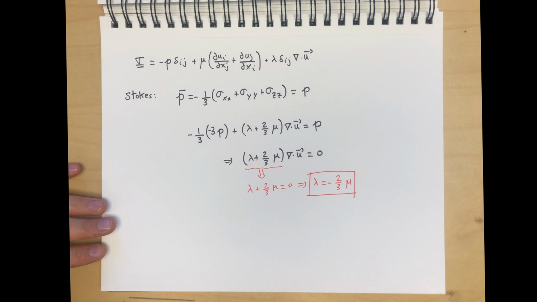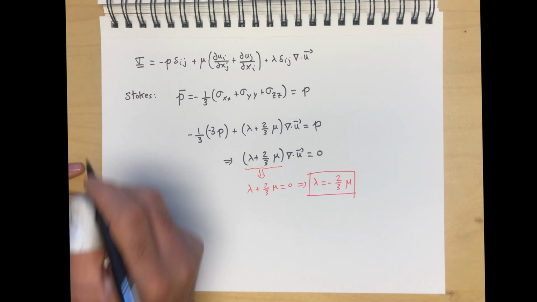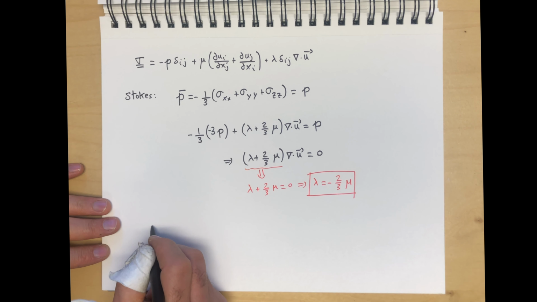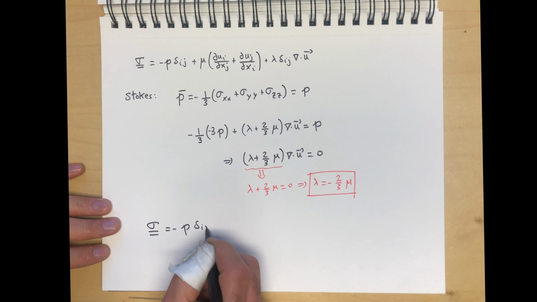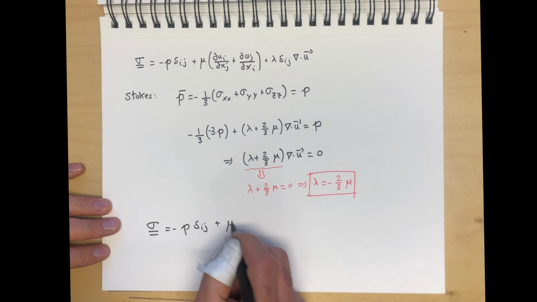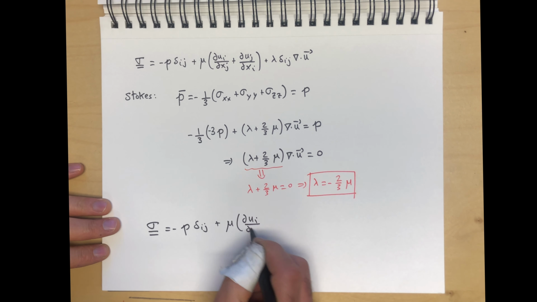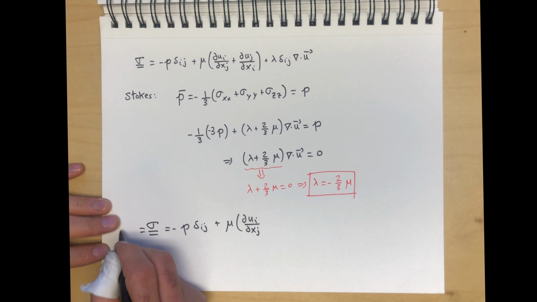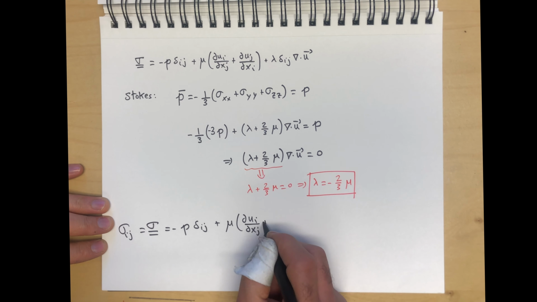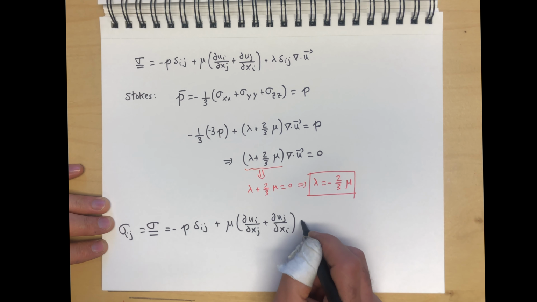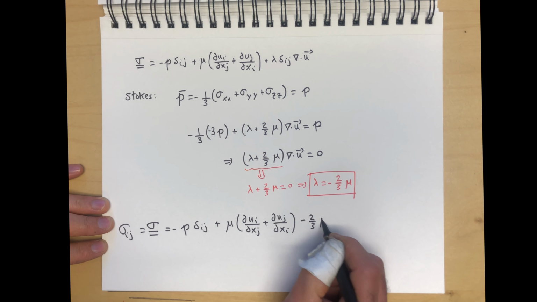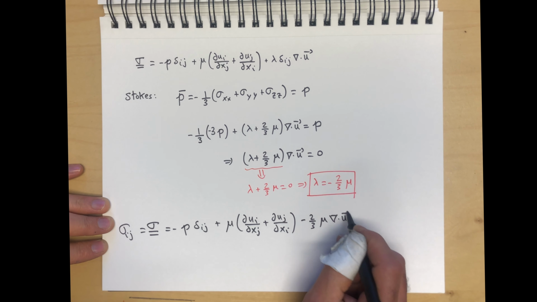And so the most general form of the stress tensor, whether you include the pressure or not, let's just include the pressure. Sigma ij is minus p delta ij plus mu (dui by dxj plus duj by dxi) minus 2 over 3 mu div u.